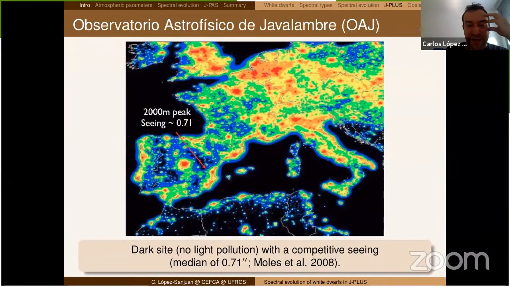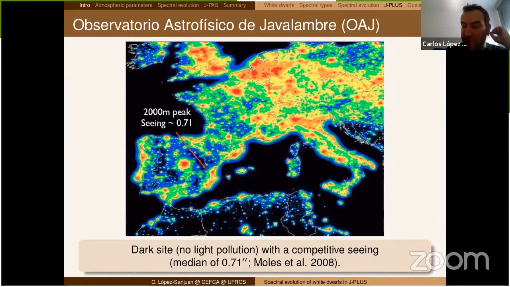So I'm going to give you some introduction to the Observatorio Astrofísico de Javalambre. This is a map of light pollution in Europe, and we are here in Teruel. We are in the darkest spot. We are in one of the most underpopulated regions in Europe, and because of that, we have very dark skies.